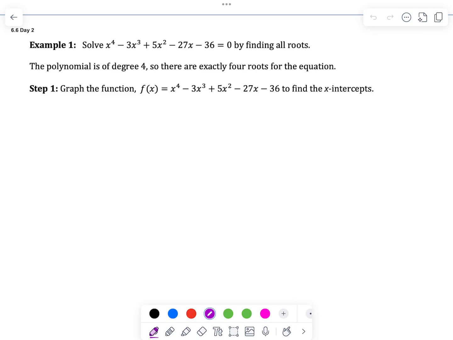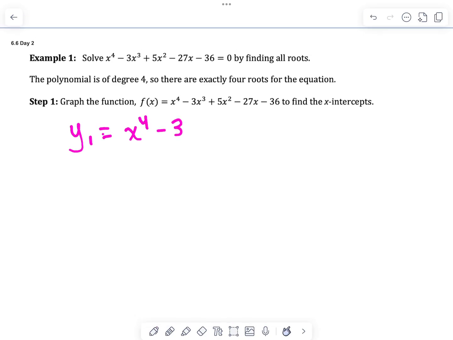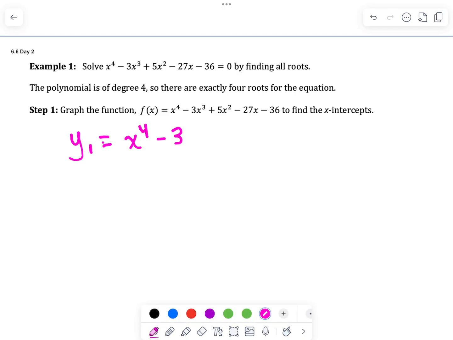So if you want to go ahead and pause and enter this into your graphing calculator, it would be y sub 1 equals x to the 4th power minus 3x cubed plus 5x squared minus 27x minus 36.